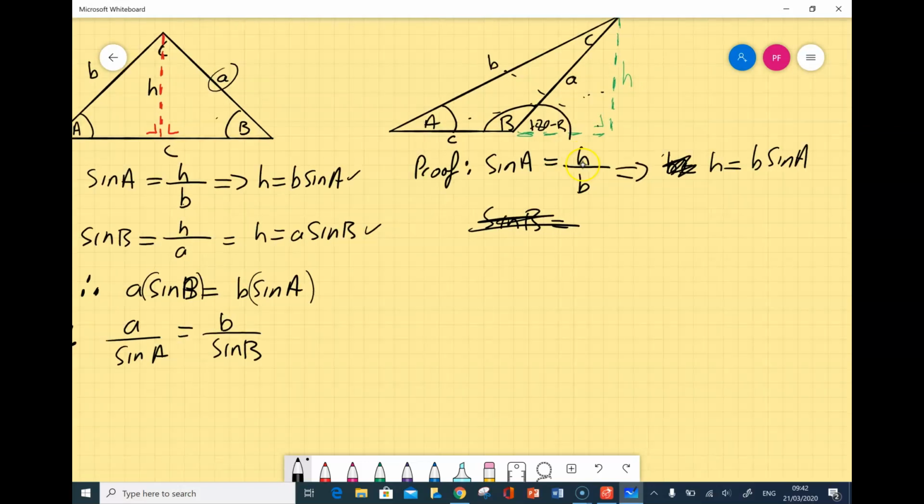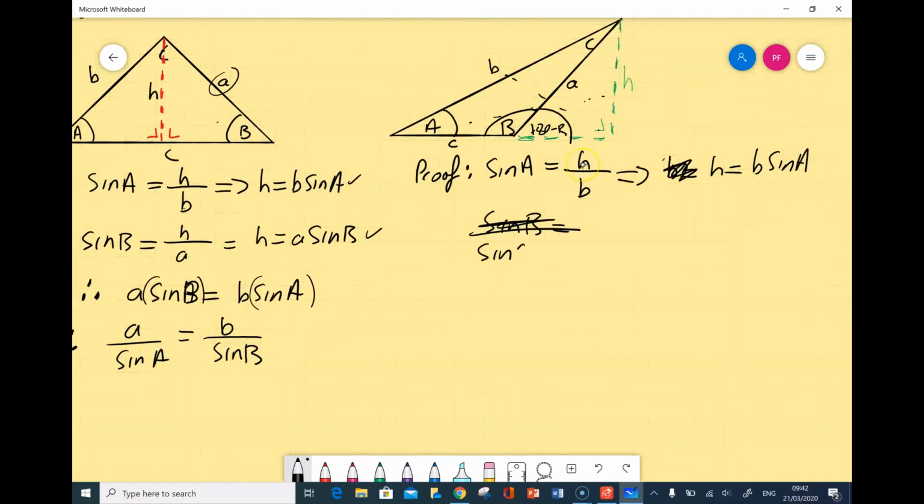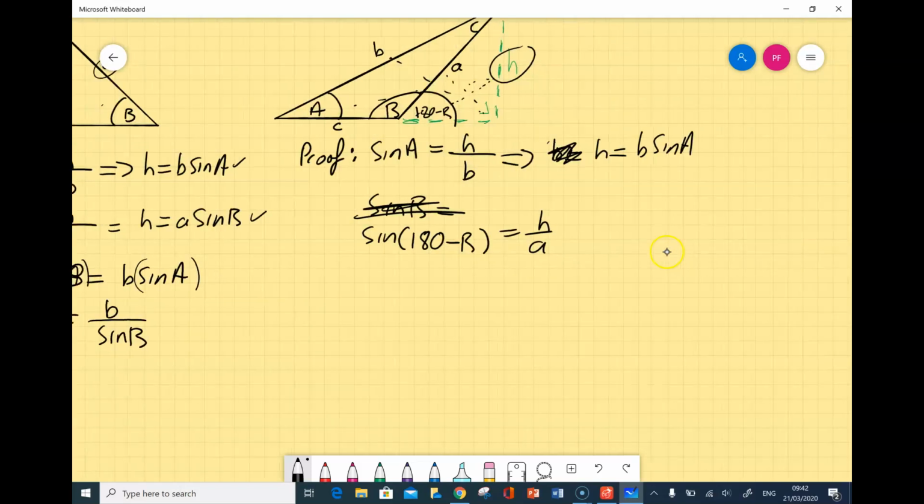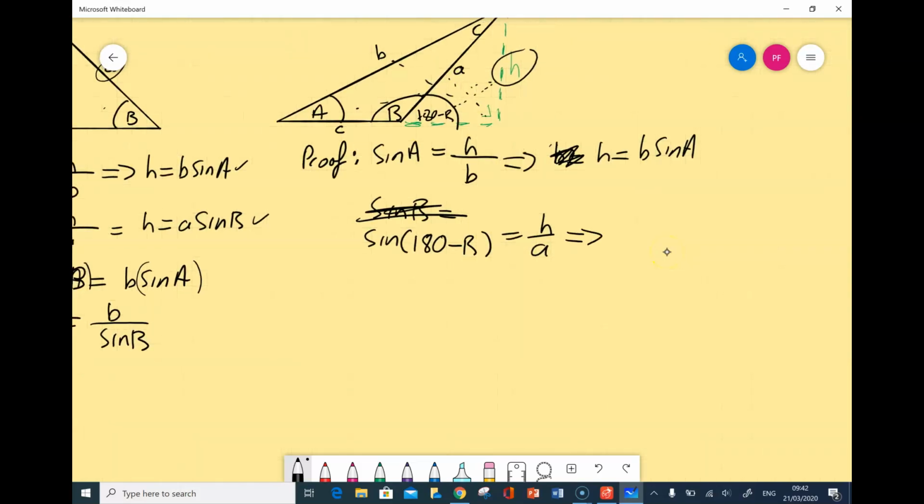So instead of finding sine of B, I'm going to find sine of 180 minus B. Again, that's the small triangle. It's opposite over hypotenuse, so the opposite is H and the hypotenuse in that case is A, so it's equal to H over A. Therefore, H in this case is equal to A sine 180 minus B.